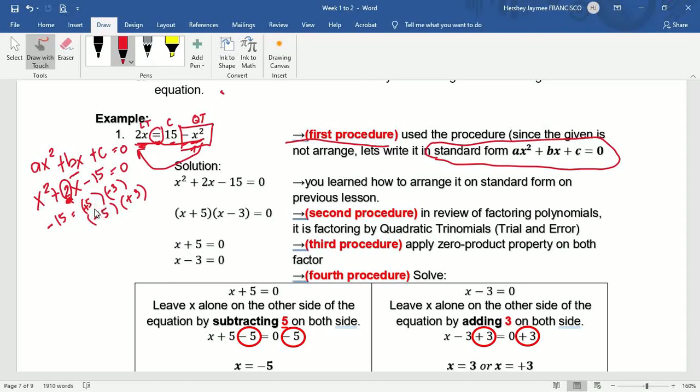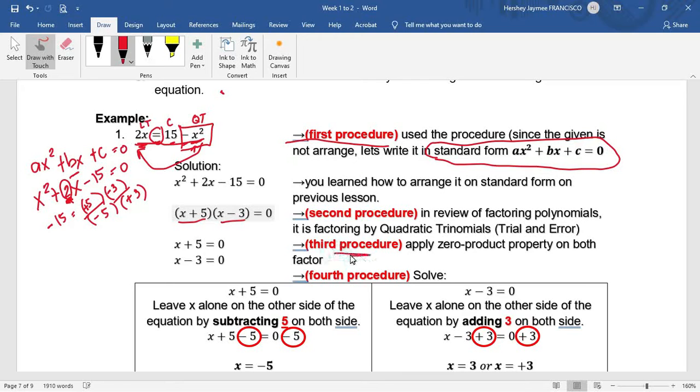So, probably ang sagot dyan is positive 5 at saka negative 3. Pag pinag-add mo si positive 5 plus negative 3, dahil magkaiba siya ng sign, magsusubtract tayo, ang sagot niyan is 2. Pag nagsubtract ka, kukunin ni 2 ang sign ng pinakamataas na number which is 5, kaya positive. So, ito yung factor mo. Kaya, meron tayong factor na x plus 5 at x minus 3.